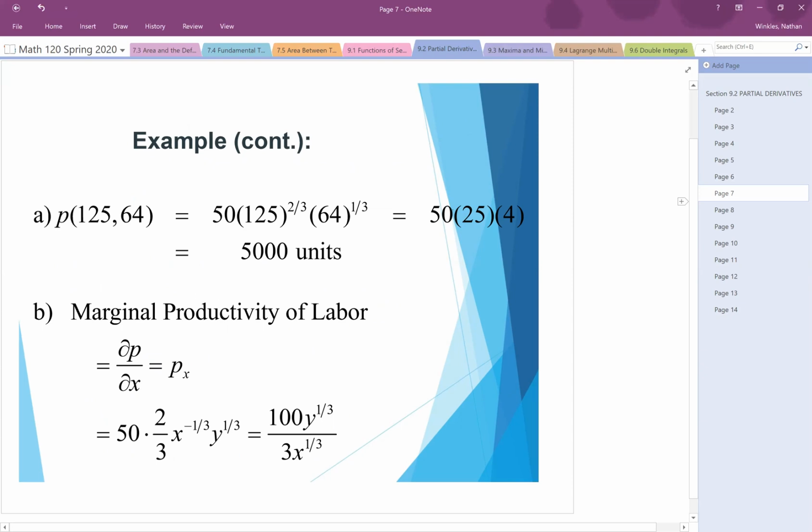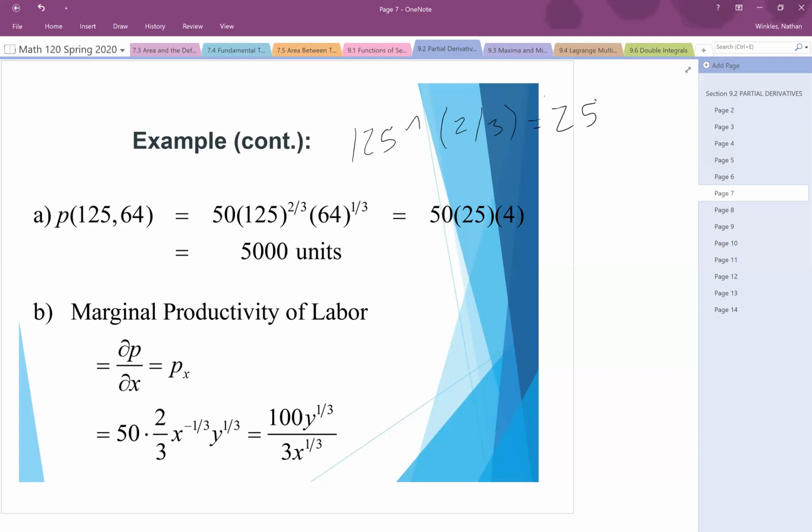Could also just type it in your calculator, 125 raised to parentheses 2 divided by 3, which will give you the 25. 64 raised to the 1/3, you could do it the same way, and you would get 4. So 50 times 25 times 4 would give us 5,000 units.